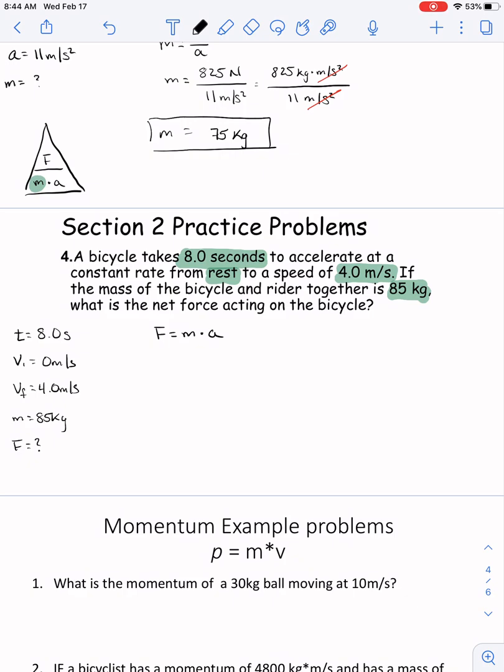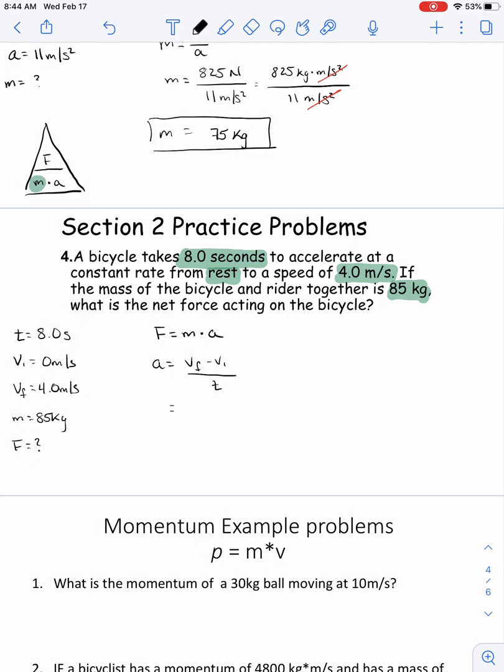However, I do have a equals vf minus vi divided by t. So I can solve for an acceleration because I do have two speeds, from rest and 4 meters per second, in an amount of time.